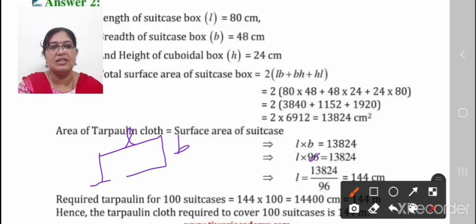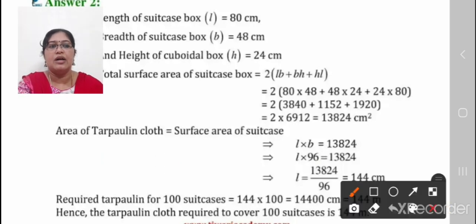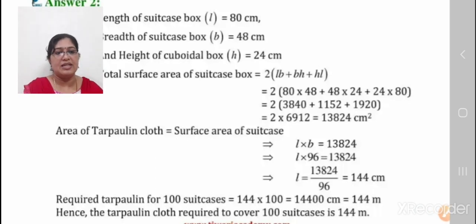So you will find the length, that is L is equal to 13,824 divided by 96, that is equal to 144 centimeter.